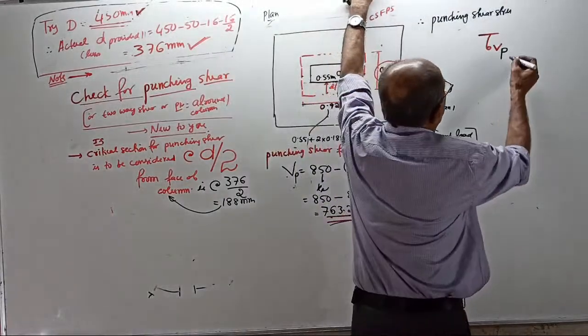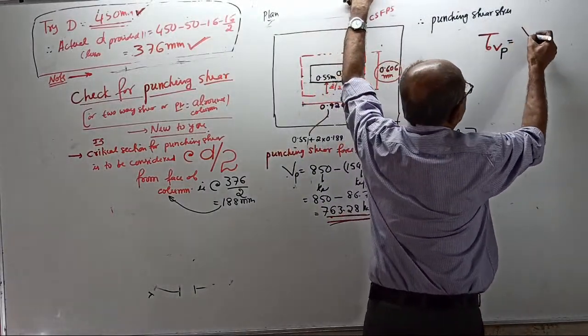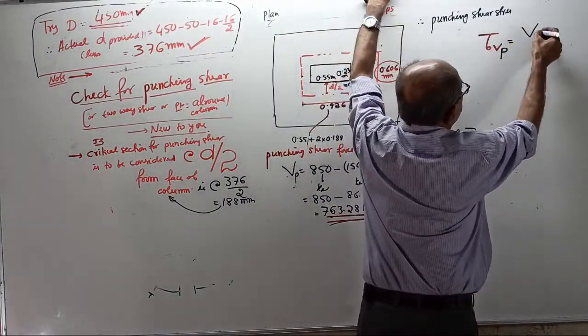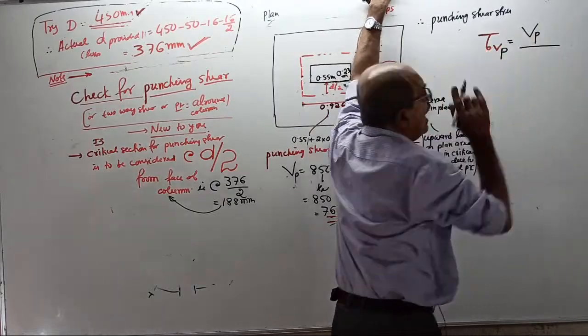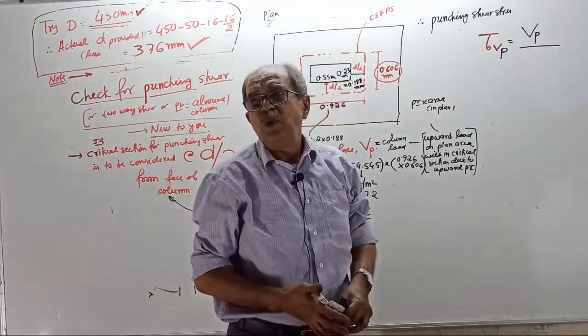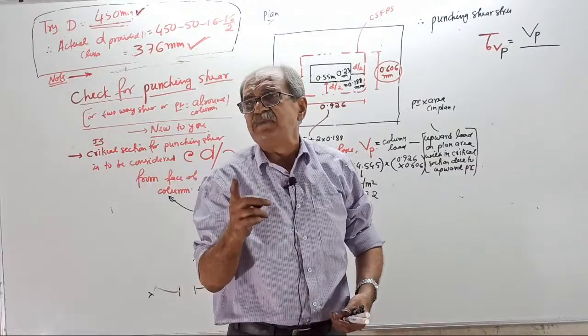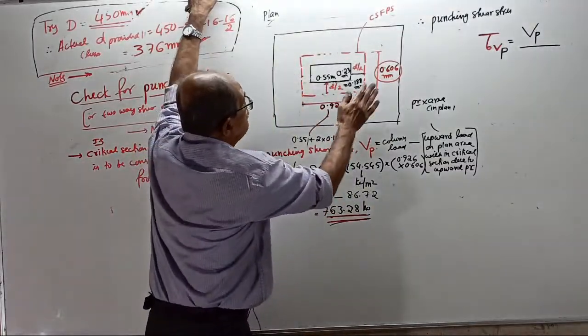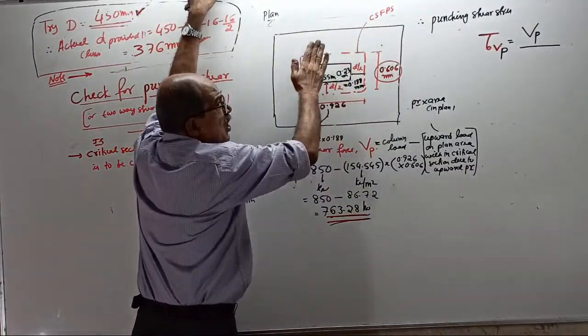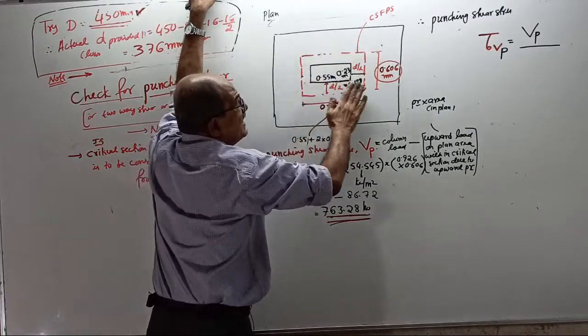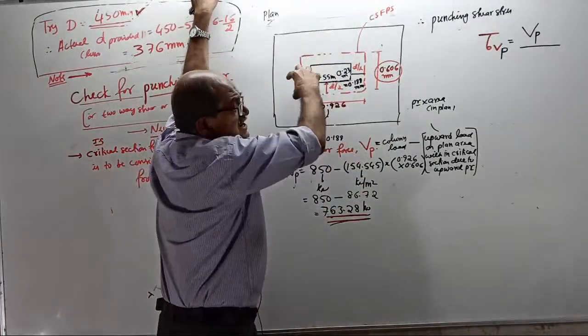Tau vp equals what? Whatever is your punching force divided by what? Remember, the contact area was for the pressure. Now we want punching.